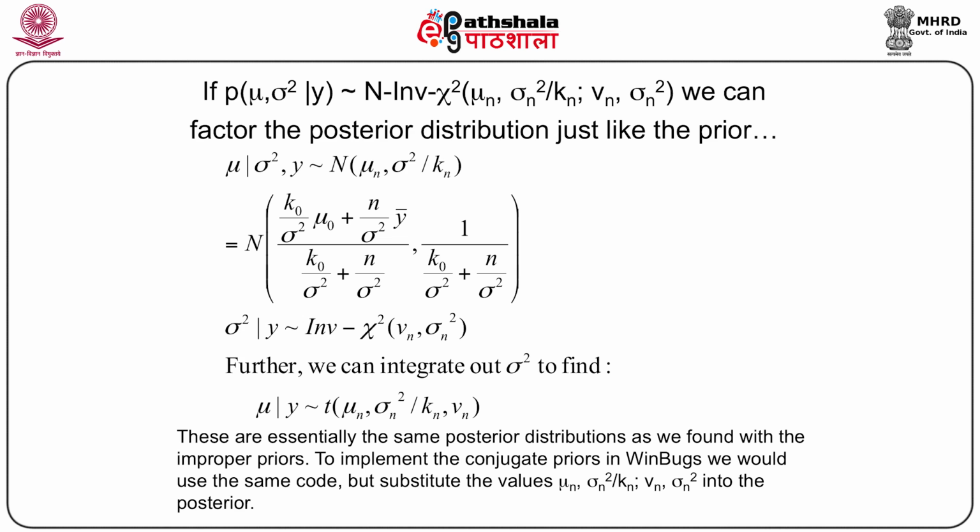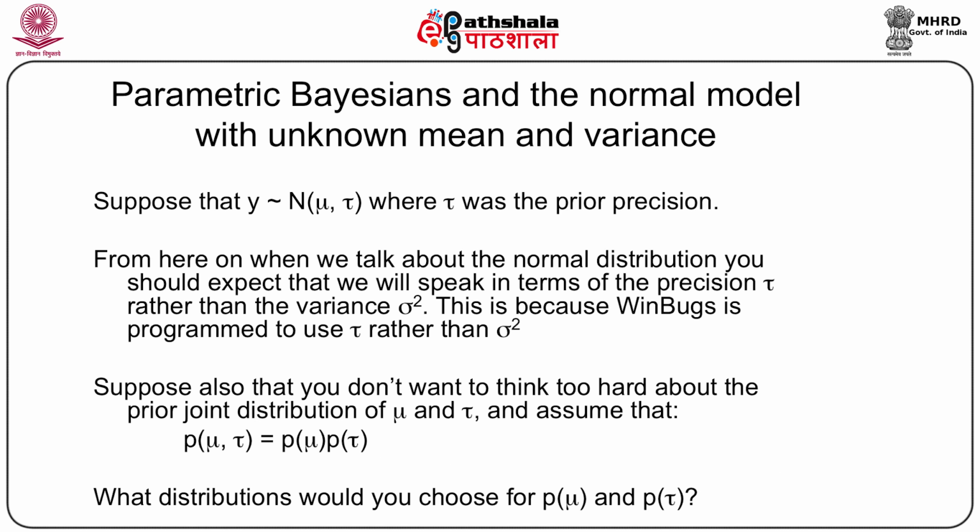Let's talk now about the subjective Bayesian and the normal model with unknown mean and variance. The subjective Bayesian framework provides little guidance about what prior distribution one should choose.